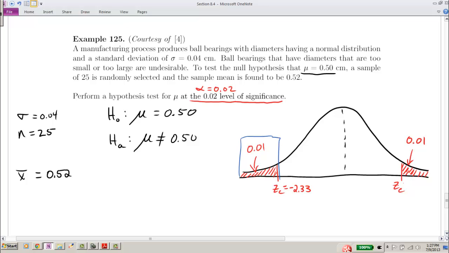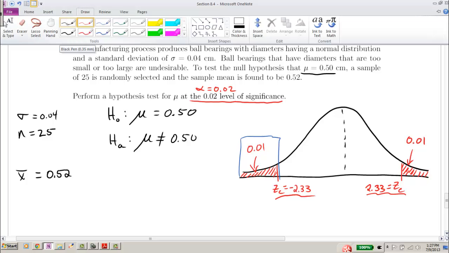And that means that this other critical value here is positive 2.33. So we know our critical values that bound our critical region.